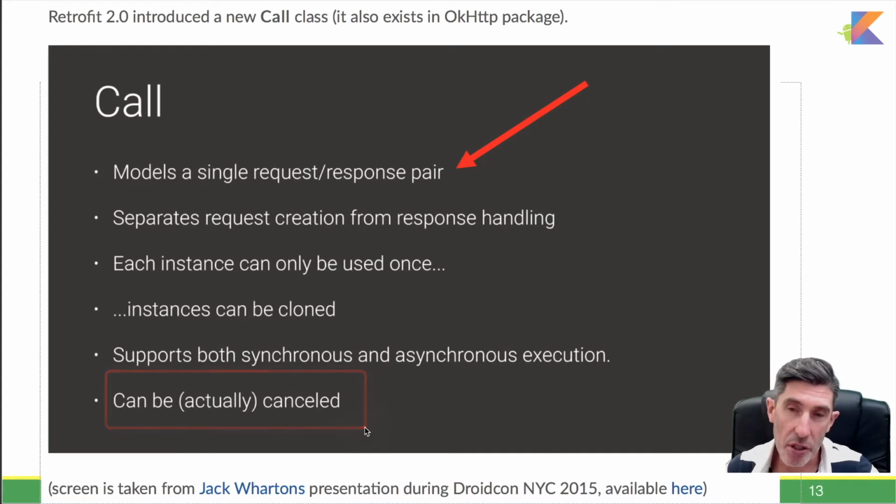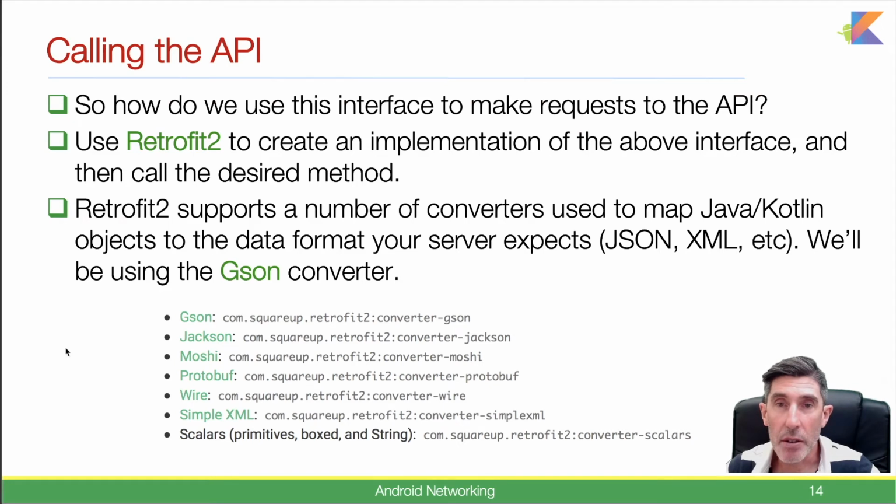In previous versions, there would have been issues with OkHttp and other libraries that may not cancel when expected. But as far as Retrofit is concerned, they can be cancelled. So if we go ahead now and look at how we can call the API and actually use it inside our donation app.